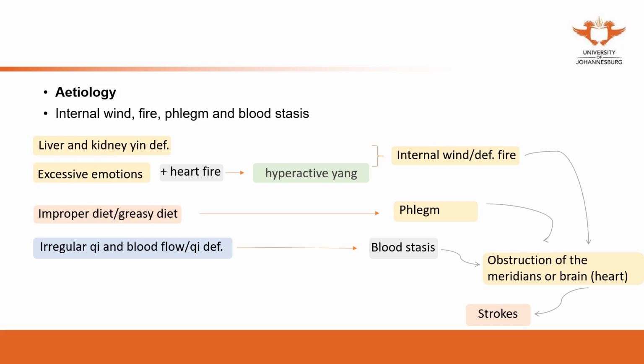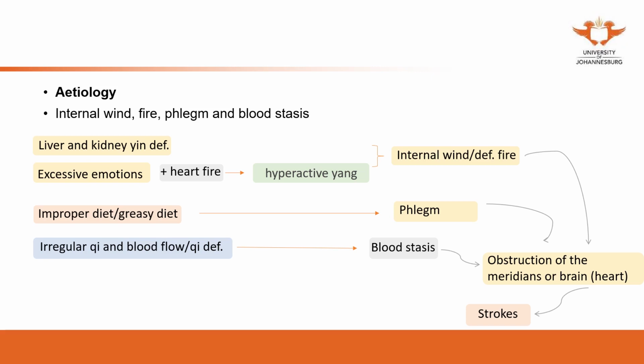If this stroke patient is overweight, due to improper, greasy diet developing into phlegm, with a greasy thick coating, then you can advise the patient to change the diet, which can prevent the second stroke or maintain future health. Excessive emotion, liver kidney yin deficiency.